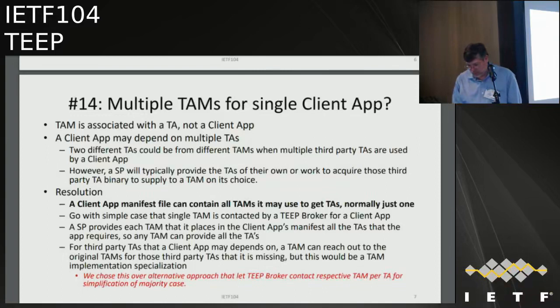And the difficult part is case 3, as David Thaler mentioned, where client apps normally come from an app store and TAs. If some app, say a gaming app, uses an authentication TA and a payment TA from different vendors, then what we choose is for the gaming app service provider to acquire those binaries from the third-party TA providers and upload them to the TAM of its choice.